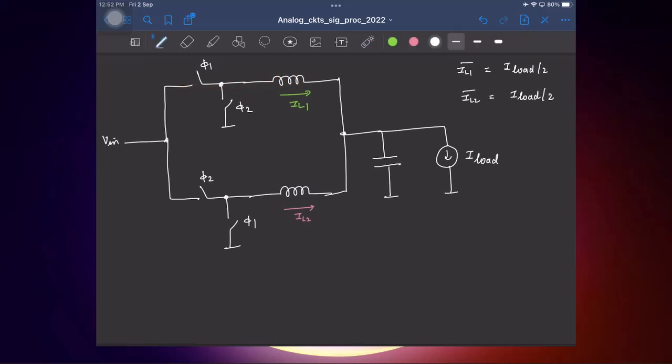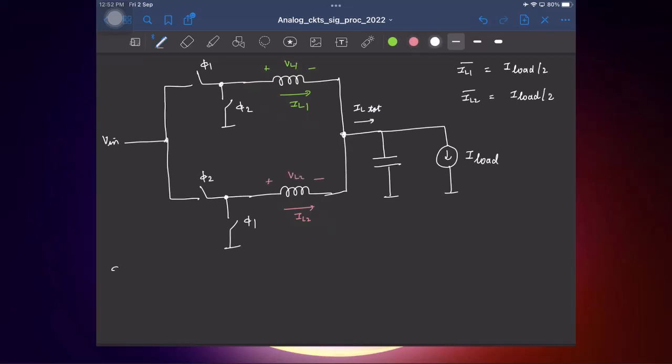Okay, and now these are the two inductor currents we have. We have tried to sum them up by making them flow through one node. So this is the total current, IL total. Okay, so let's sketch the waveforms of these currents and see what happens. Okay, and as usual, first let's look at the inductor voltages so that we can draw the currents.